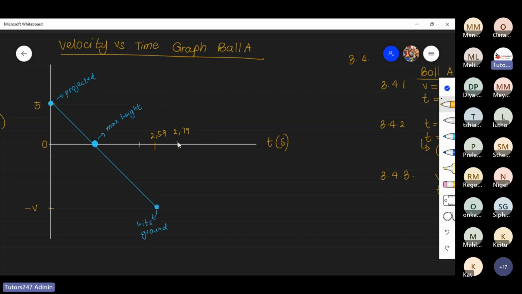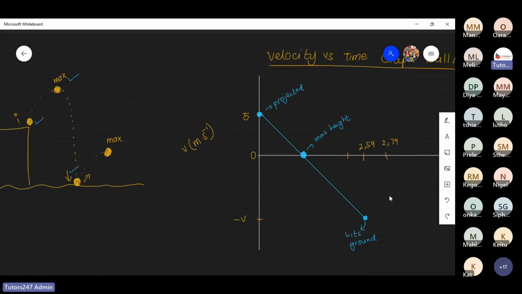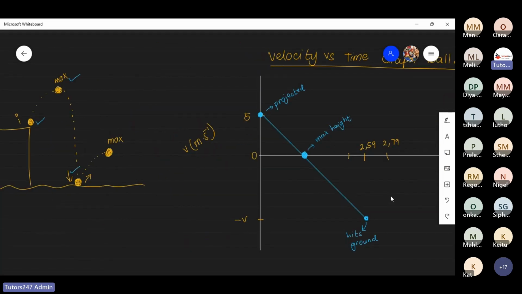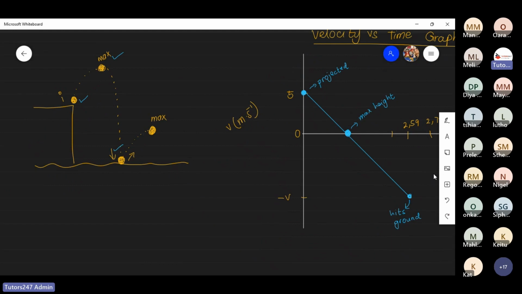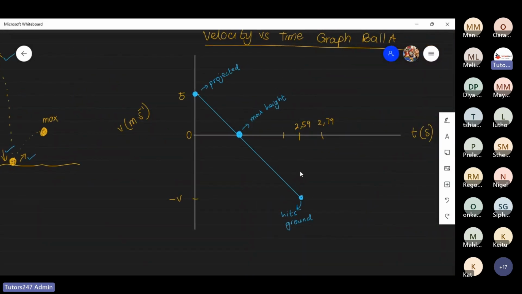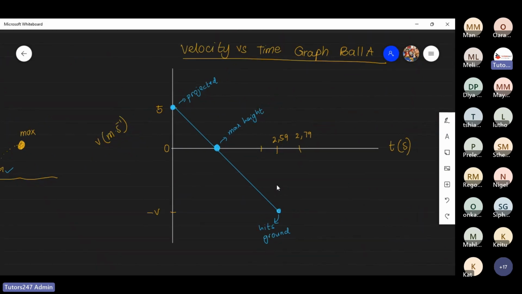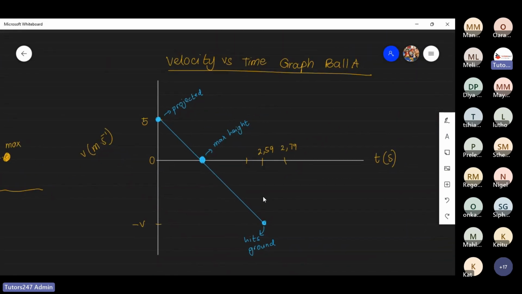Now all we need to do is go back and see what is our next point in our graph. Our next point is when the ball rebounds. Keep in mind, it rebounds with a velocity of 14 meters per second. When does it rebound? It rebounds 0.2 seconds after it hit the ground, which is at 2.79.